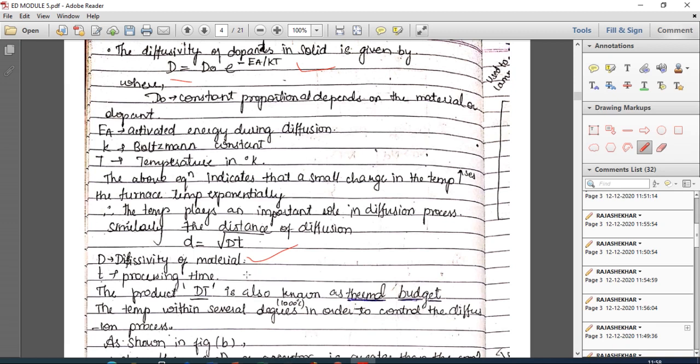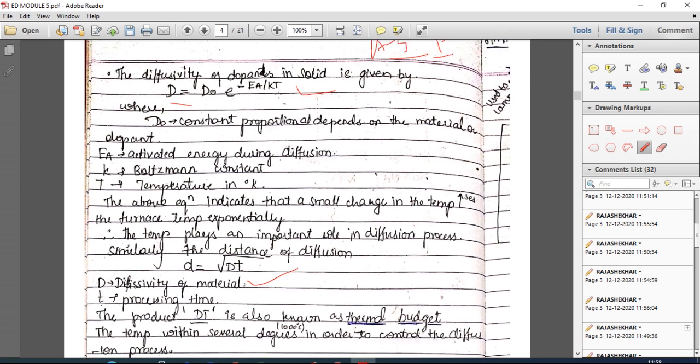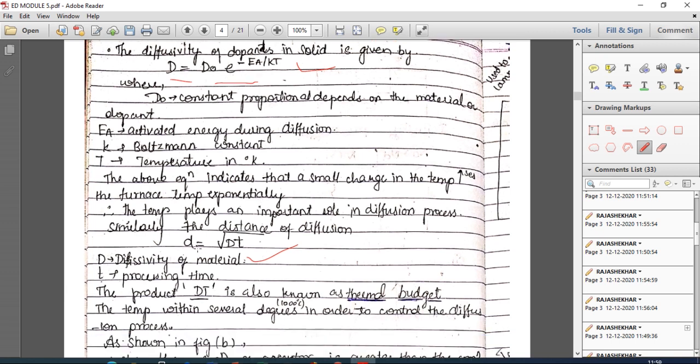These are the two equations used in the diffusion process. We have to write these two properly. No derivation, only equations, just to represent the theory part.